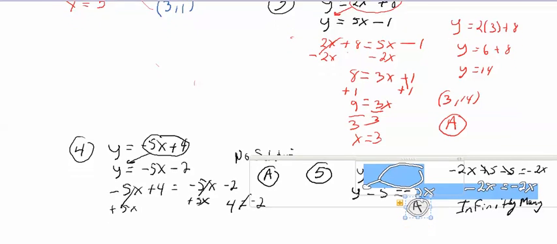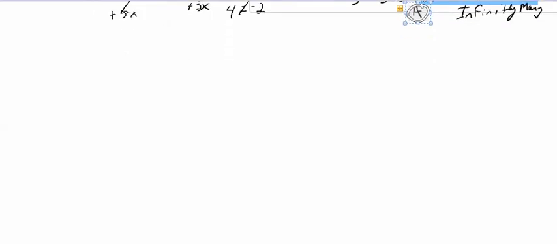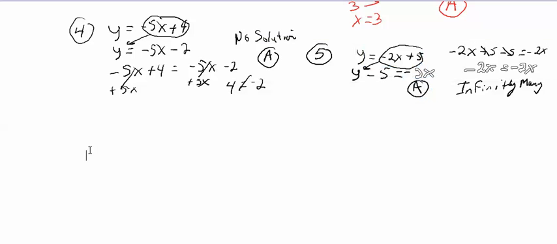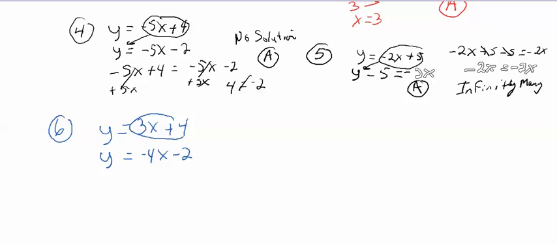Okay, I'm going to move down again. Come back here. Okay, number 6. I'll change my color to blue this time. Again, substitution is going to work best for that. I'm going to plug that in.